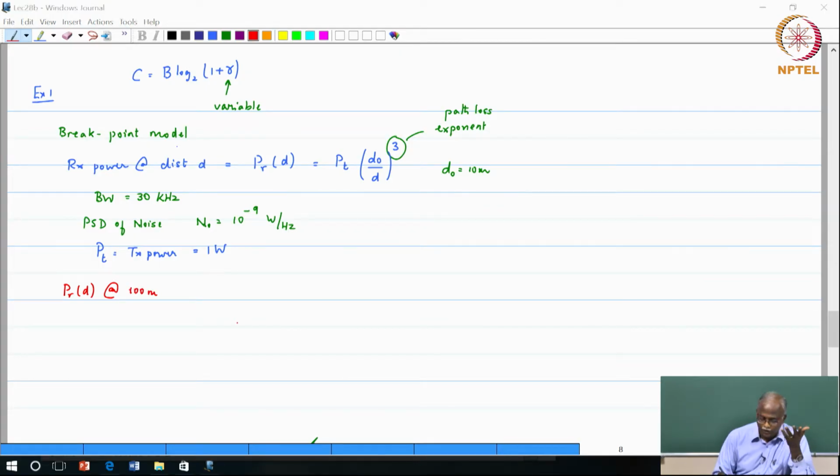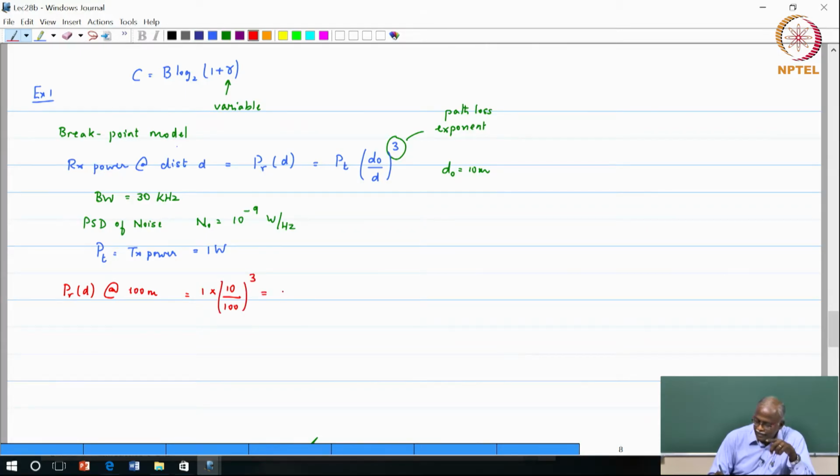Okay. That would be a typical example that you would have been asked to look at. So, the received signal power is given by 1 watt into d naught is 10 meters, d is 100 meters, I have to raise it to the power 3.